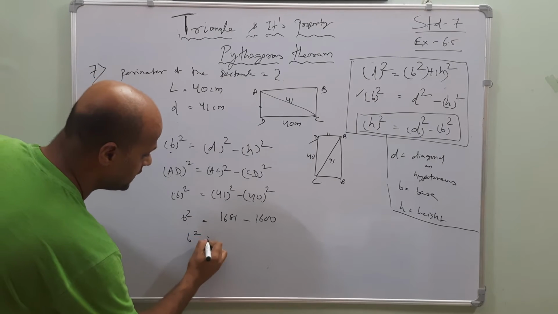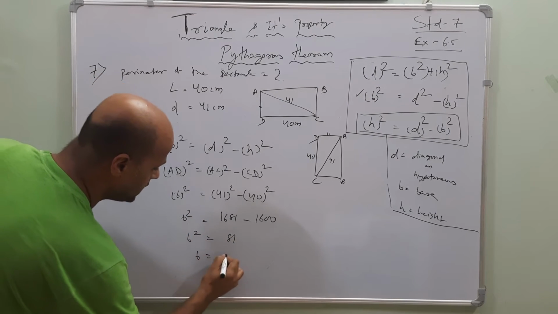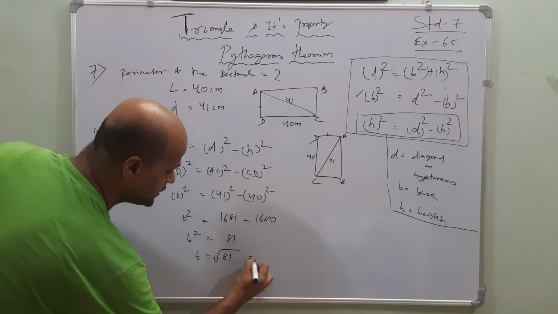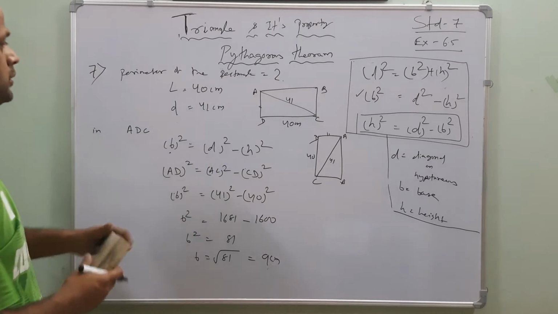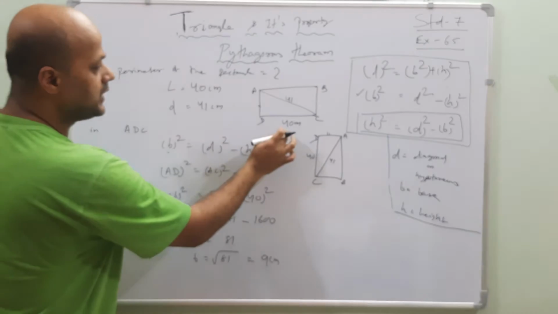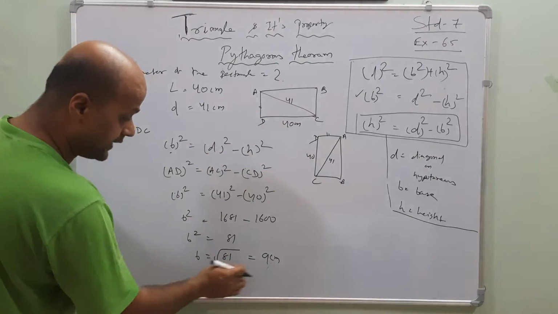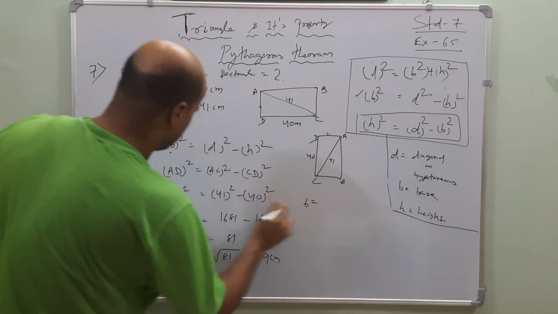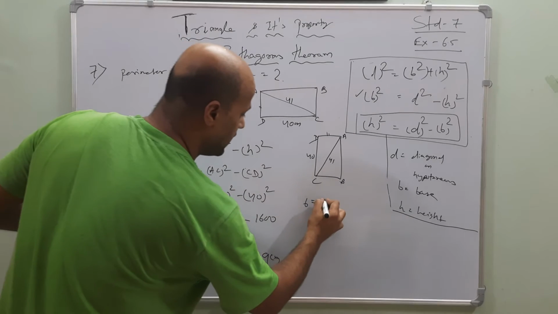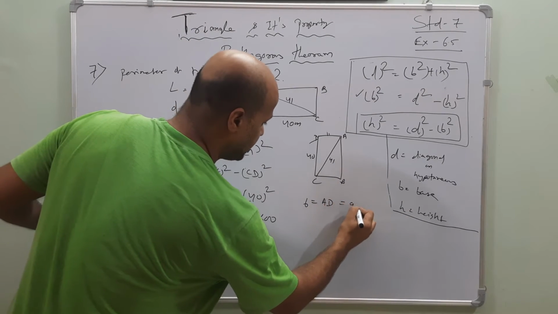Now b square is how much? 81. B is how much? Square root of 81 is equal to 9 centimeter. Now length is given, and breadth is found. Now you have to write B is equal to AD is equal to 9 cm.